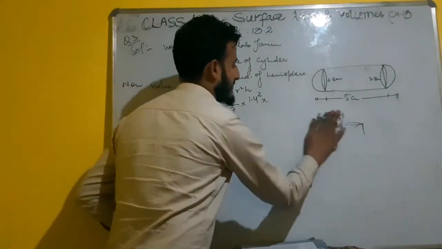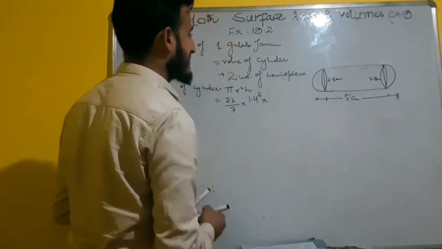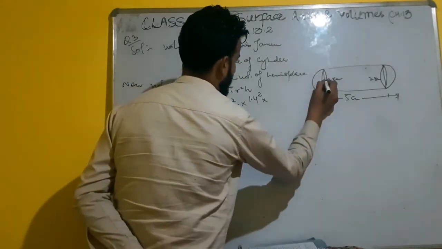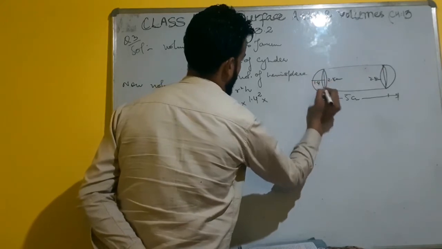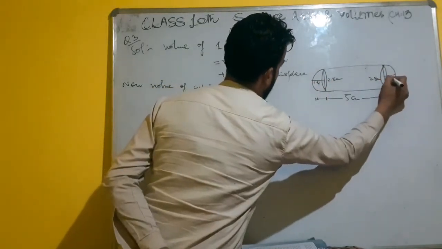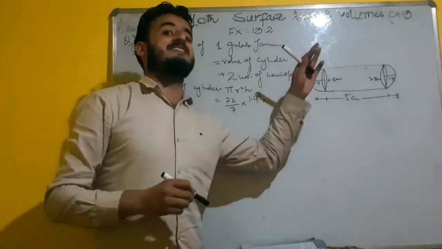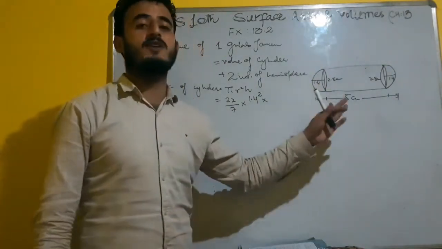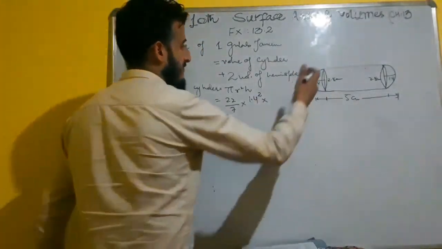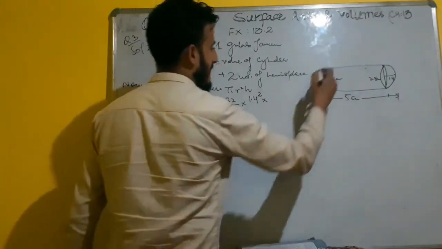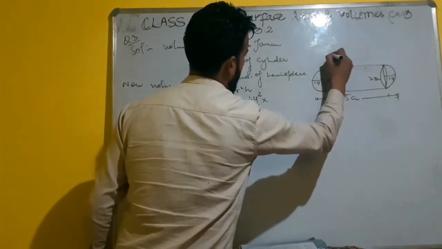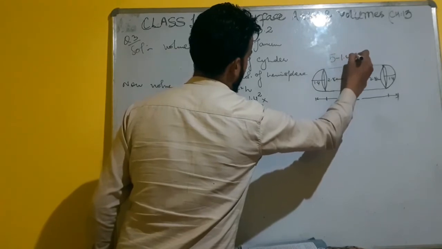In the same manner, I am saying here radius is equal to the height. It means here this is 1.4 and from here to here it is also 1.4. Why not 2.8? Because 2.8 is the diameter here, but 1.4 is the radius. So what will be the height of the cylinder then? It is actually 5 minus 1.4 minus 1.4.